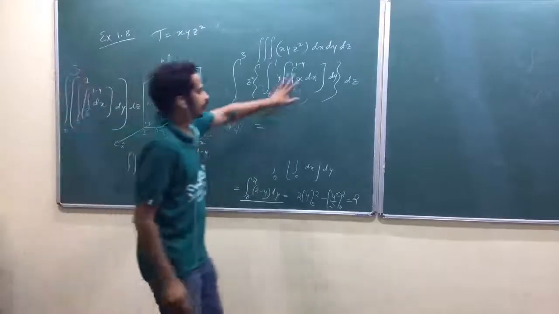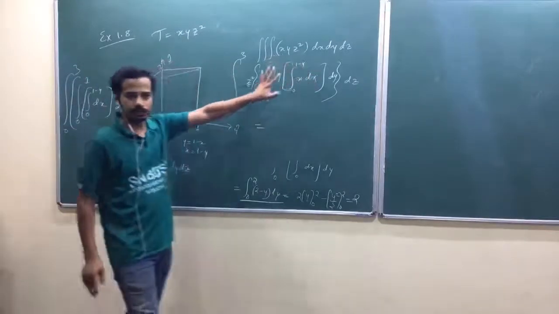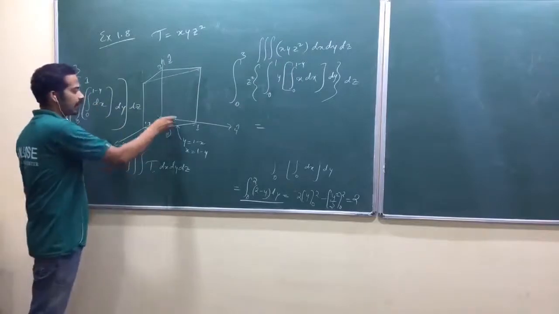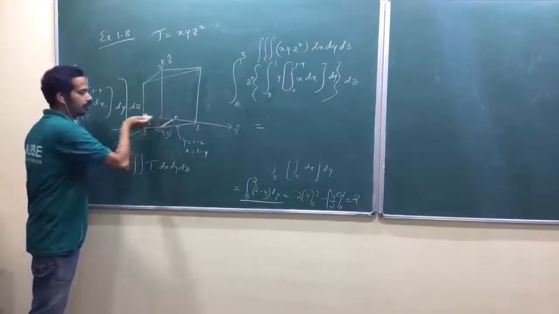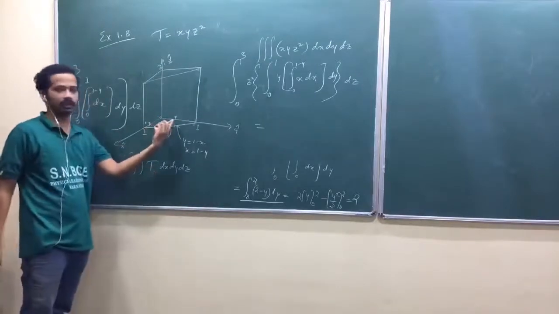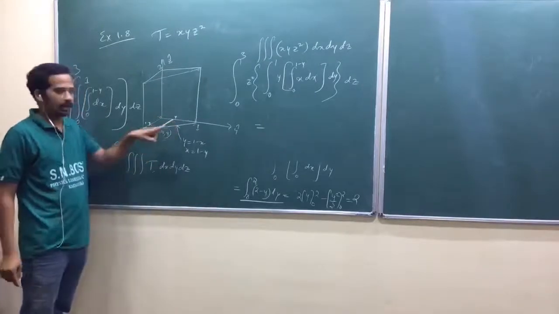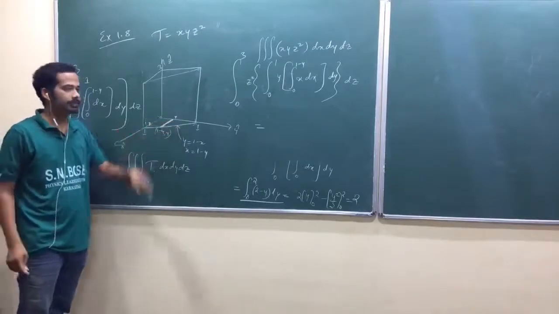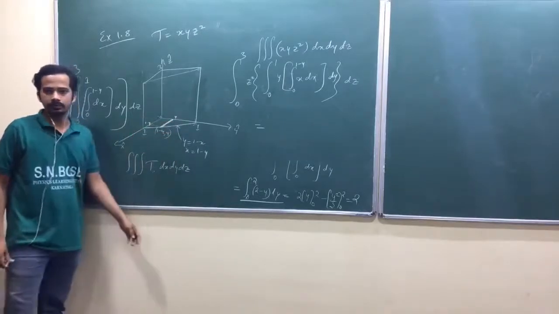Now look here, when you integrate this one, this will become a function of y. It should become a function of y, because you are finding one arbitrary length. In between this region, you are finding an arbitrary length, remember. Is that okay? At some y point, then you are running y from 0 to 1. Okay.